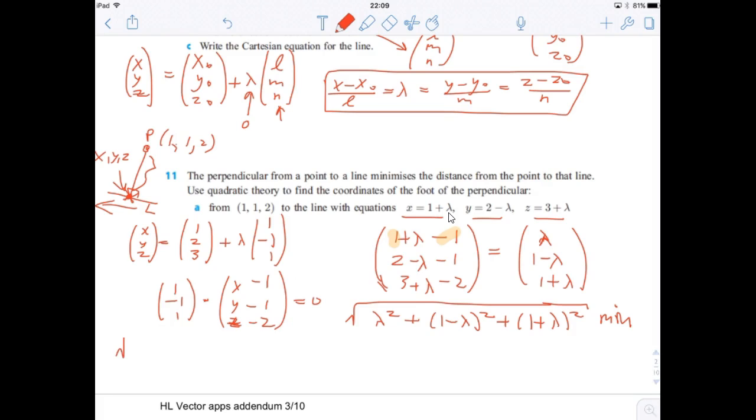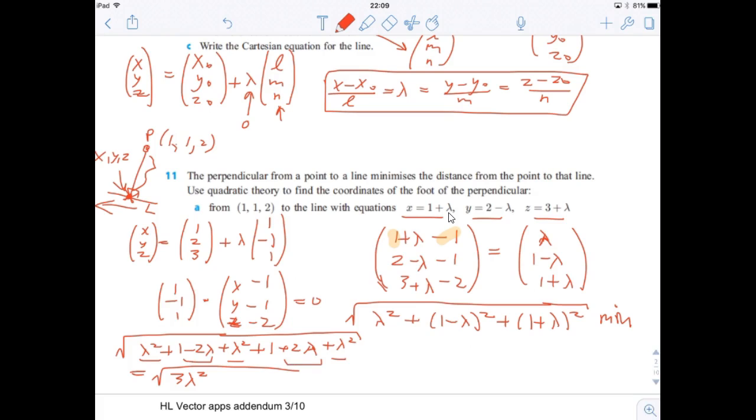So that would be the square root of lambda squared plus 1 minus 2 lambda plus lambda squared plus 1 plus 2 lambda plus lambda squared. If I simplify that, there would be lambda squared in 3 places. Then minus 2 lambda plus 2 lambda cancels out, and then plus 1 and plus 1 add together, so I end up with plus 2.